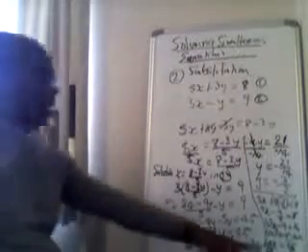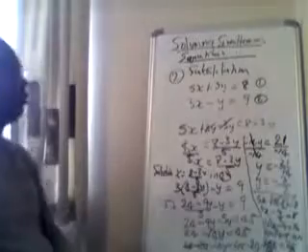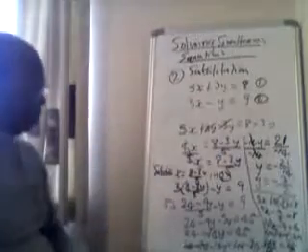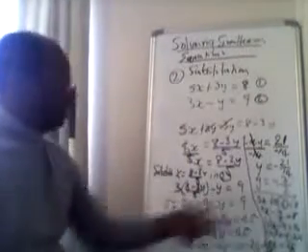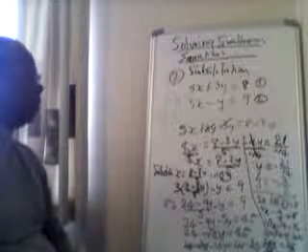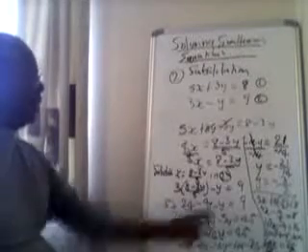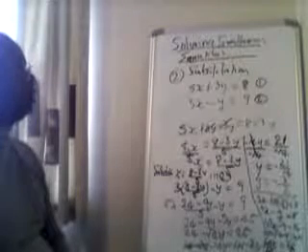You can see that the answers are similar to the answers we got before. You can substitute back into one of these equations to check that the answer is correct. But because we got exactly the same, y was minus 1.5 and x was 2.5, the answers are correct.